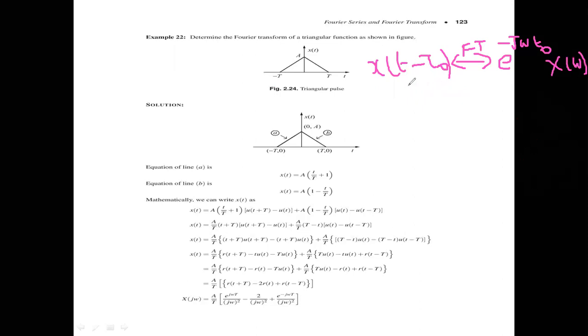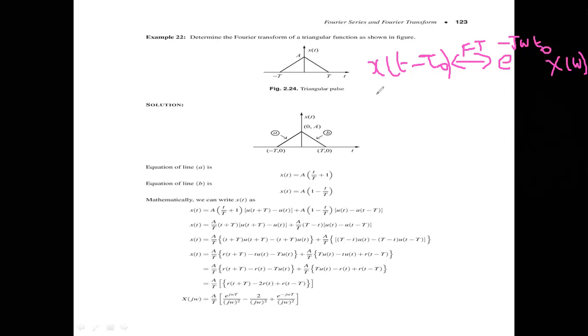See, what is x of t here? Ramp function. For the ramp, x of omega is 1 by j omega whole square, and it is shifted with t naught samples. Shifted with the t naught samples means multiplying the exponential function, e power minus j omega t naught.